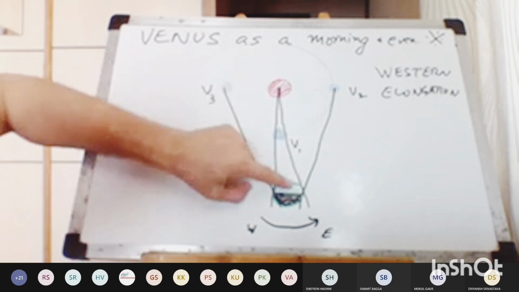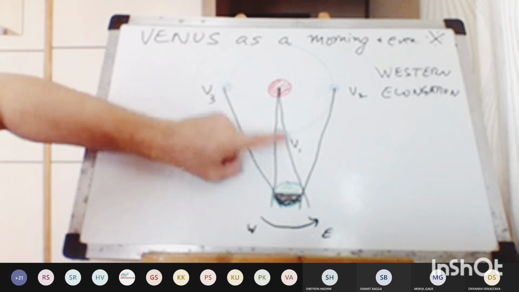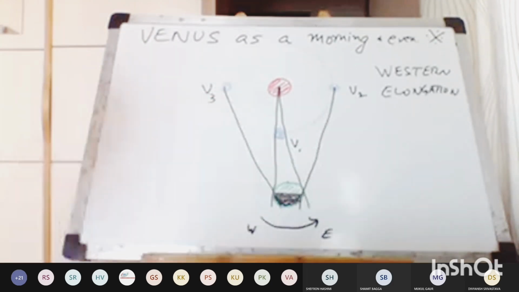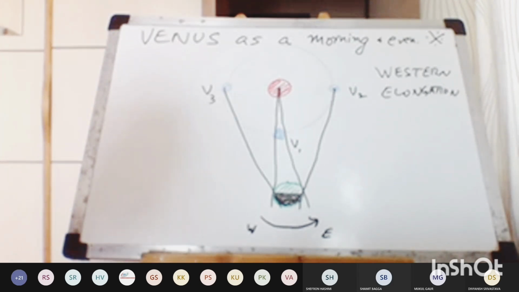Venus has landed onto the Earth. Venus is here. Sun has landed onto the Earth. Sun is here. The Earth is rotating like this from the top anti-clockwise. Is Venus to the west of Sun or east? Anyone?